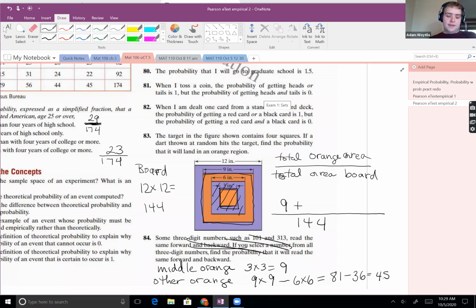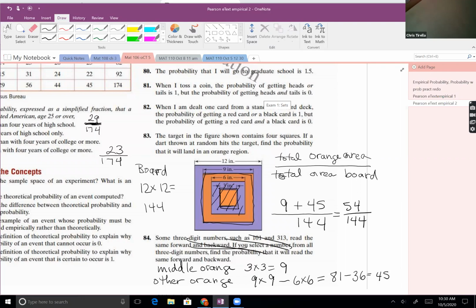I got 45, yeah. So that gives me 9 plus 45 in the numerator. So that gives me 54 over 144. And I think that's pretty reducible.